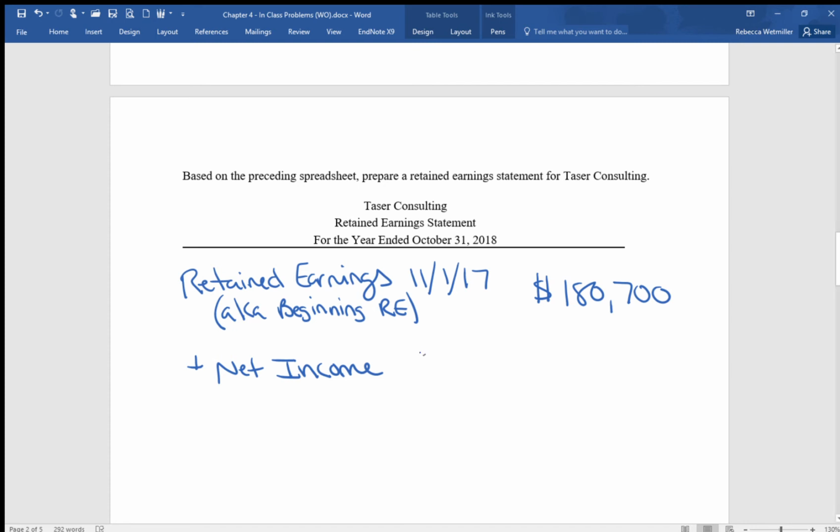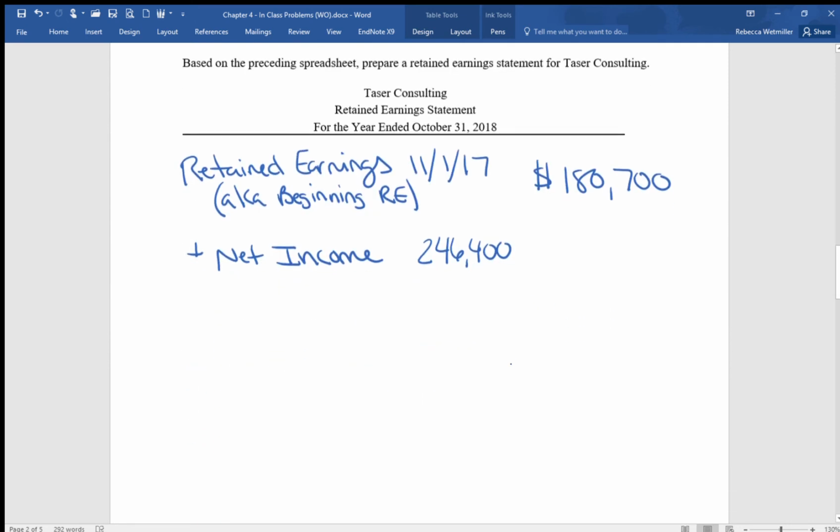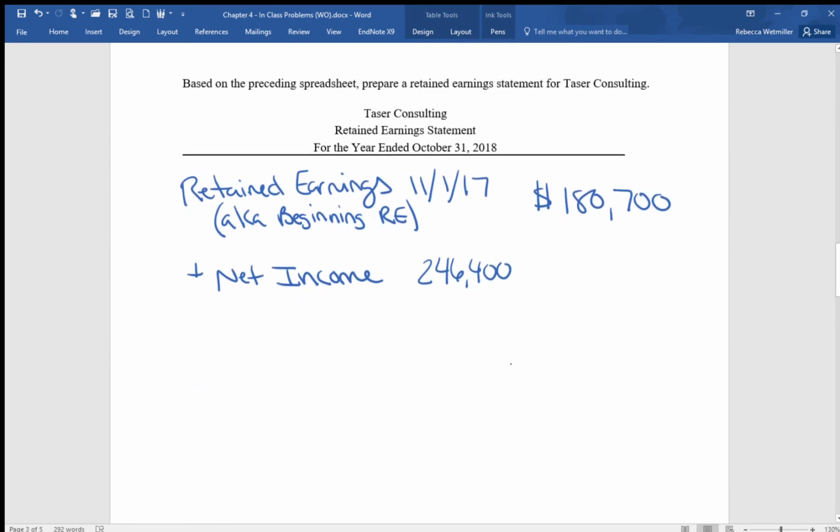So we have a net income of $246,400, which comes from our income statement that we just prepared up here. And then we're going to take out any dividends that we paid.